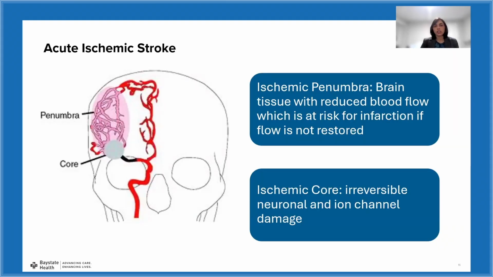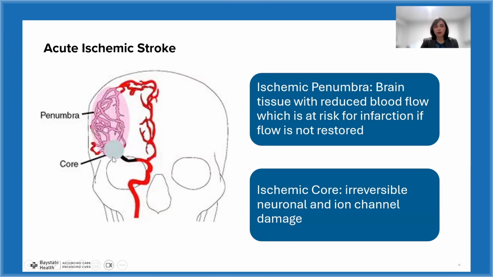So, whenever we deal with strokes, it's important to understand some concepts or terminologies that we typically use when talking about a stroke. So, again, this picture here is showing us a blood vessel that's going to the right side of the brain, which is blocked with a clot.